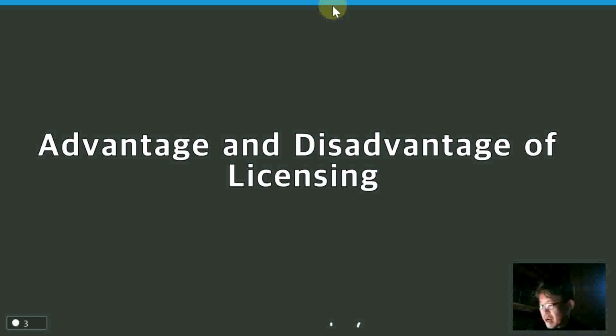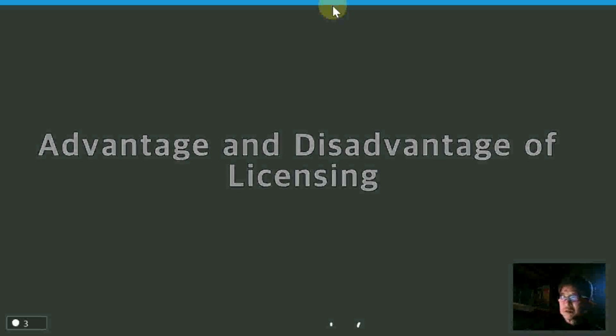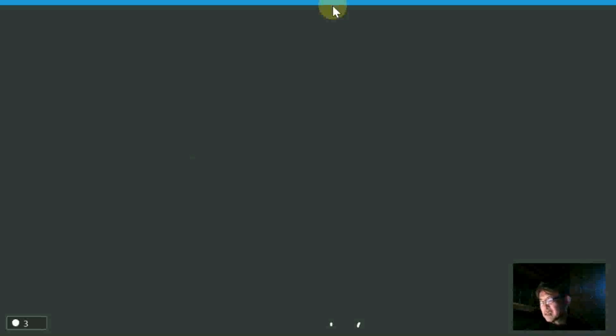We can divide licensing into the factors increasing profit in licensing, and the factors incrementally increasing cost in licensing. So first, licensing's main profit increase factors.